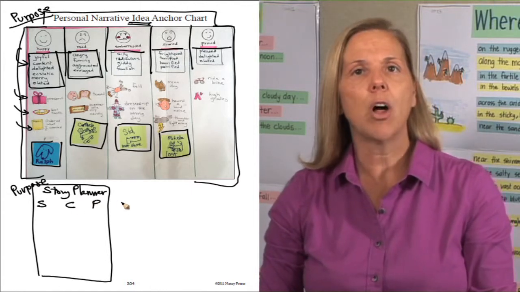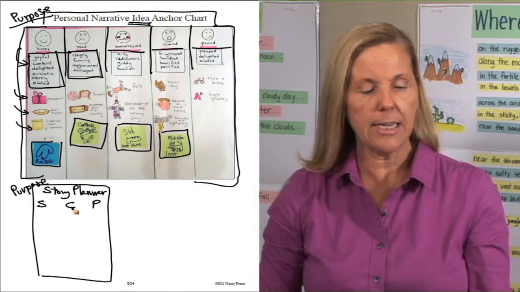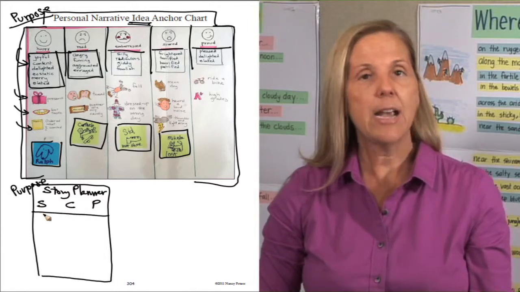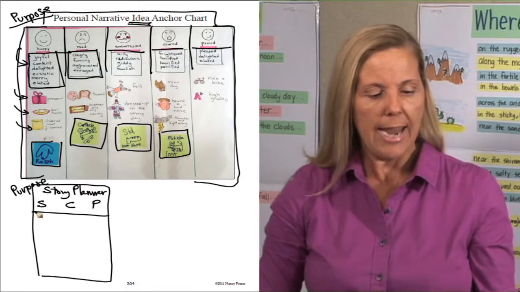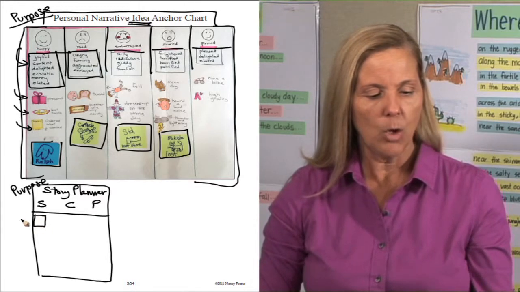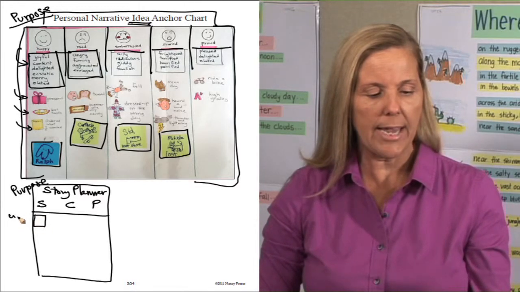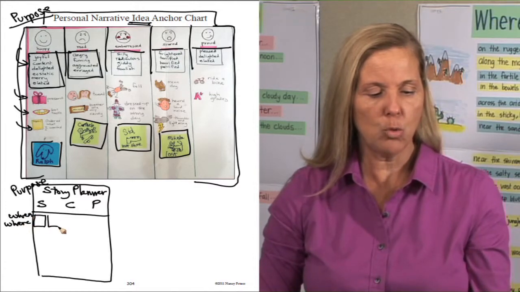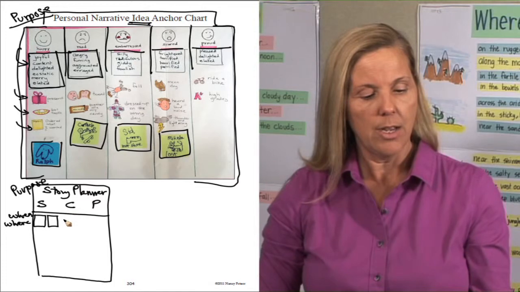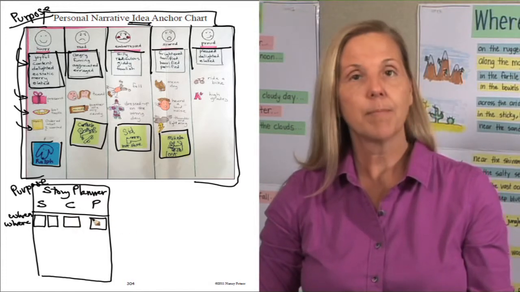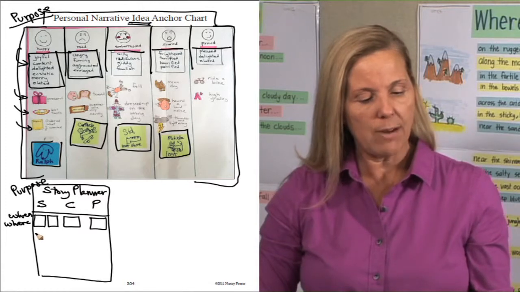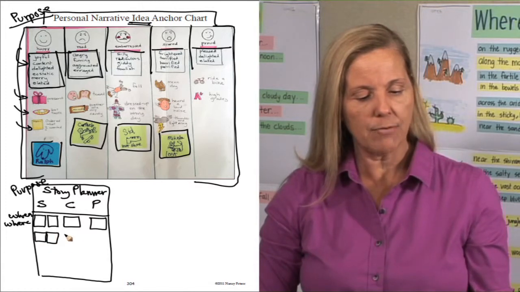So I will, on a story planner, write out setting, character, plot, and every time we finish a story, we will label a small piece of paper with the setting, the when, and the where. So we'll have two little cards for when and where, a card for character, and a card for plot. And we will do that for story after story after story.